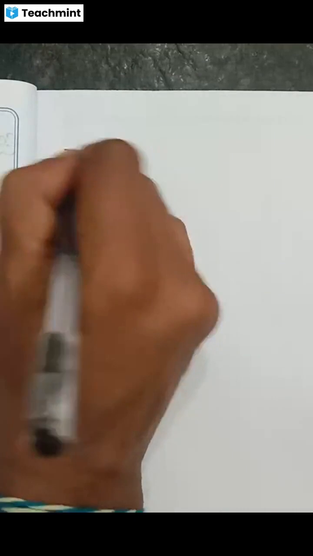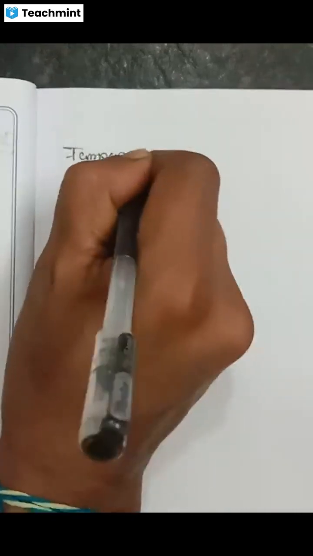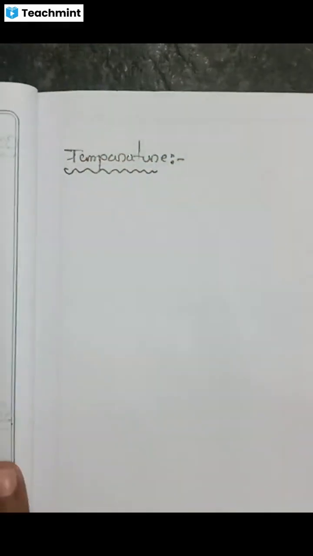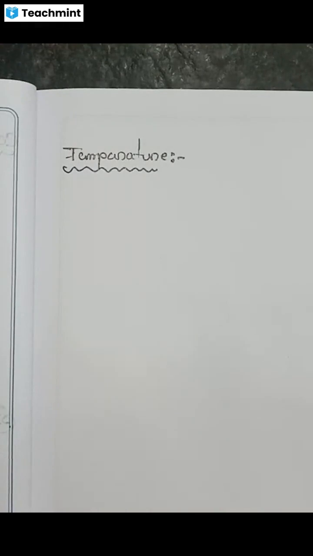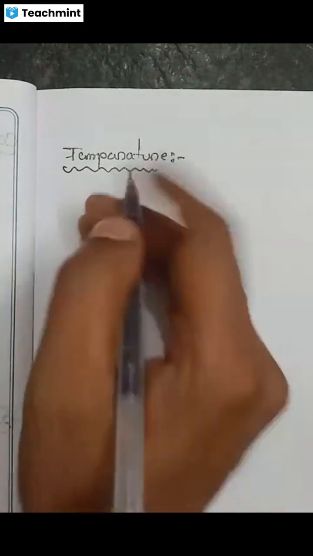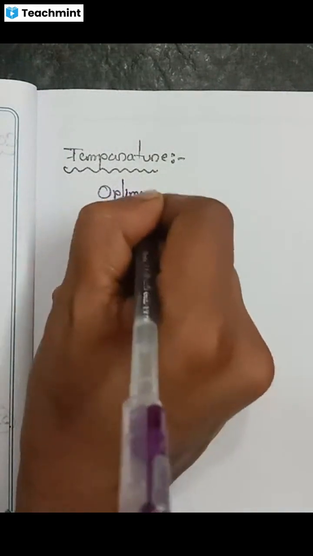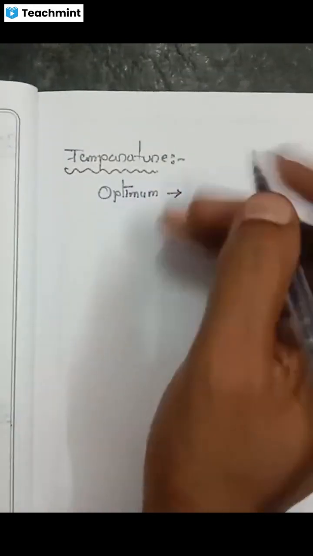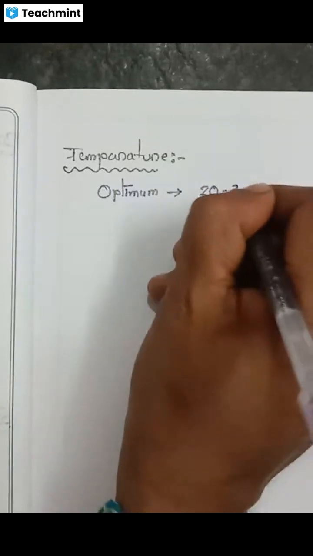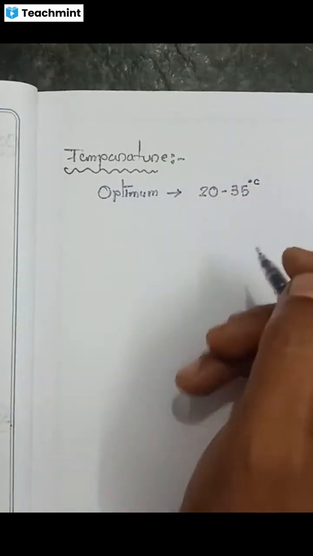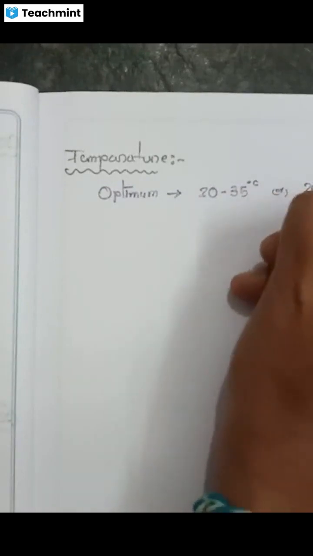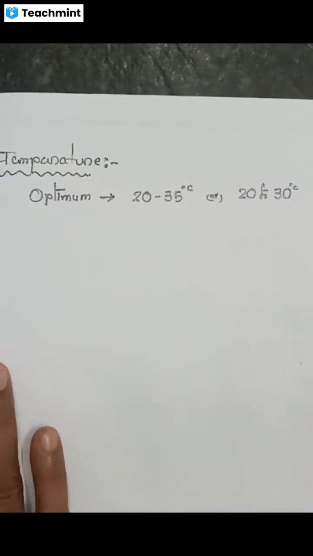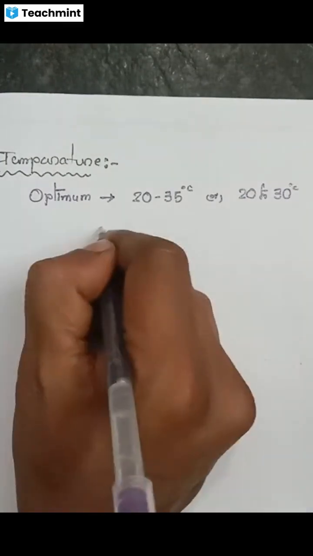The next photosynthetic factor is temperature. The optimum temperature for photosynthesis is 20 to 35 degrees, or 20 to 30 degrees.